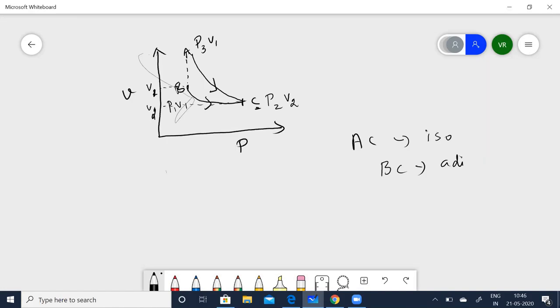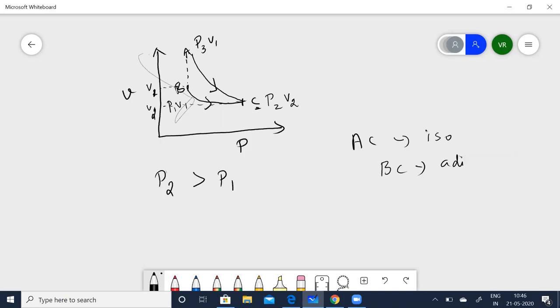So adiabatic compression from V2 to V1. The temperature will be larger than the temperature at state B. At state B it is going to be more. So the pressure of the gas is going to be a slightly higher value at C. So P3 will be greater than P2 along the curve BC.